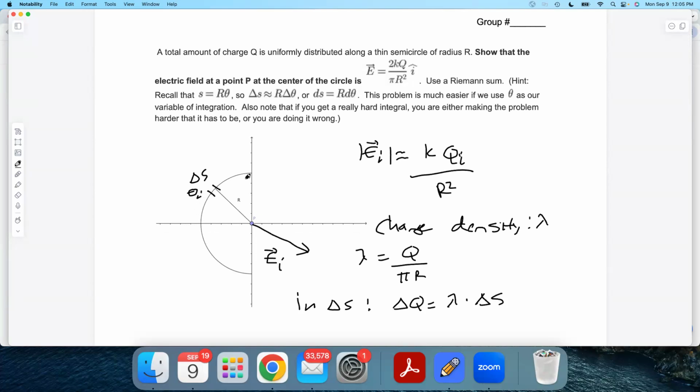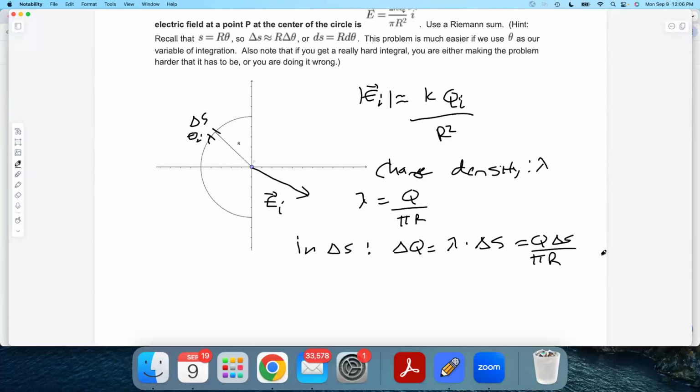I've got a total charge Q, and I've divided by its total length, half a circle, instead of 2 pi r for all the way around, pi r. The charge that lives inside this little chunk right here will be that charge density times the length of that, which is delta S. So that will be Q delta S over pi r.